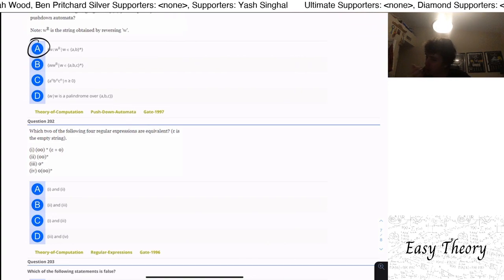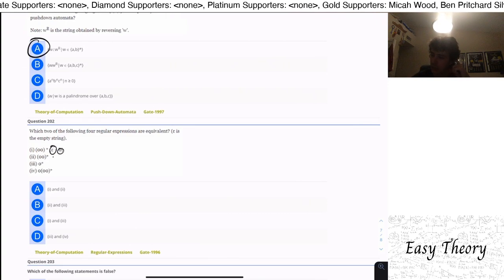Oh, wait, no. This is relating to a question we had earlier, where any even number plus 1 or 0 gives us any number. So 2 is not equivalent to any one of them because it's not equivalent to 3, it's not equivalent to 4, it's not equivalent to 1 because of the empty string, and actually the 0 gets us there.